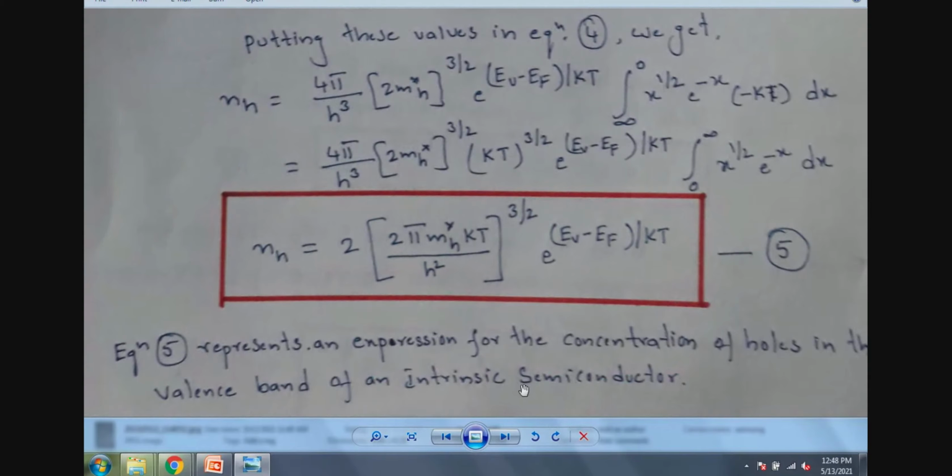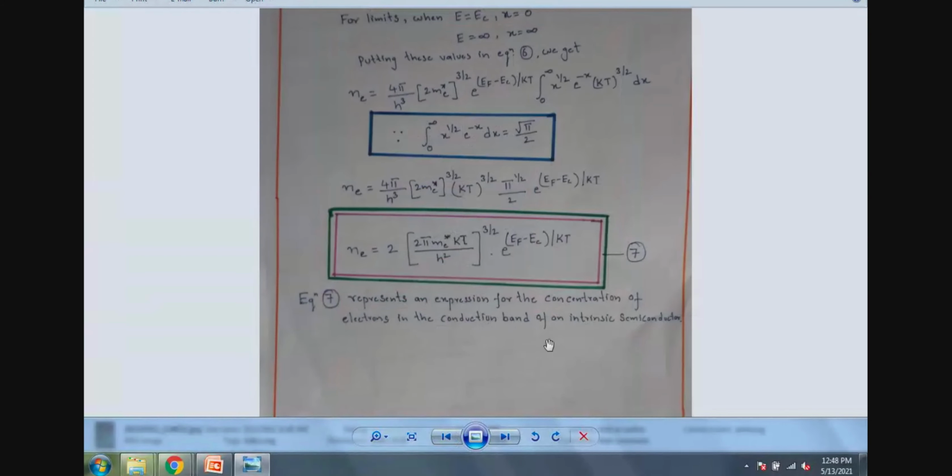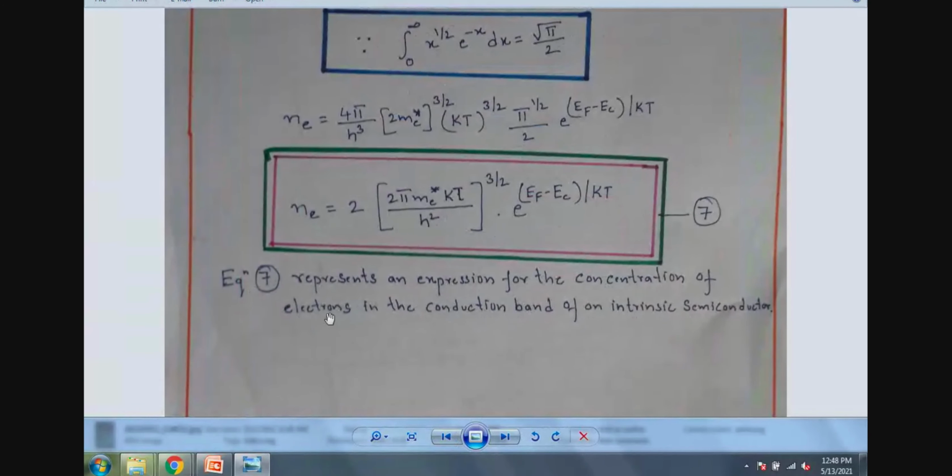Equation 5 represents the expression for the concentration of holes in the valence band of an intrinsic semiconductor, right? So you also got here the expression for the concentration of electrons in the conduction band of an intrinsic semiconductor. Okay, both equations you got.